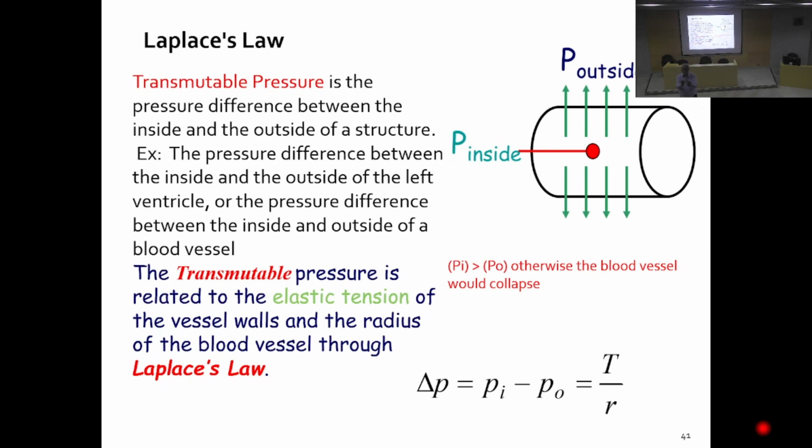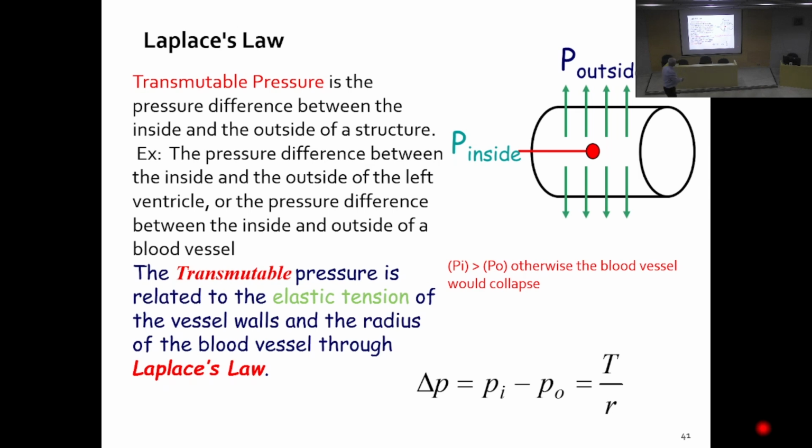If you lose elasticity, it does not come back, as in an aneurysm. Like a rubber band: if you pull it too much, at the end it never goes back to the same position. That is losing elasticity. So this is the elastic tension of the walls and the radius of the vessels.